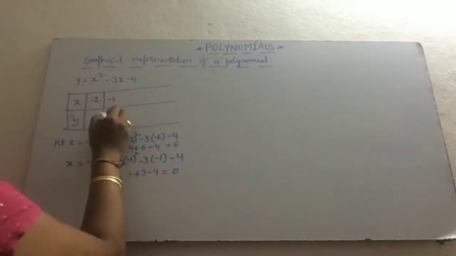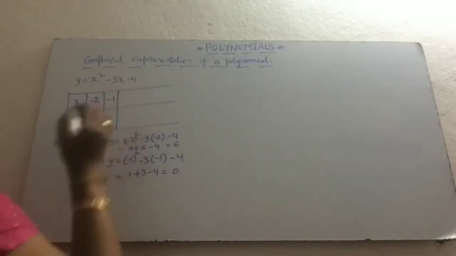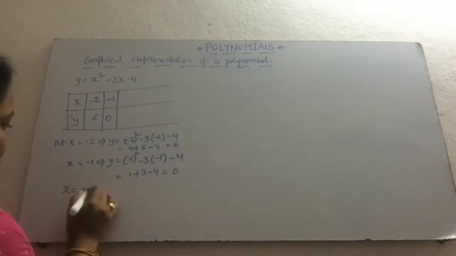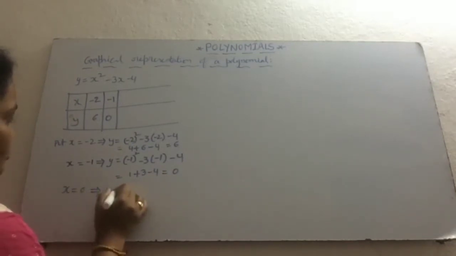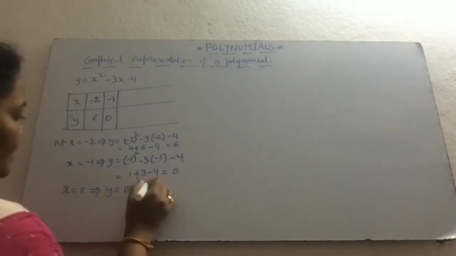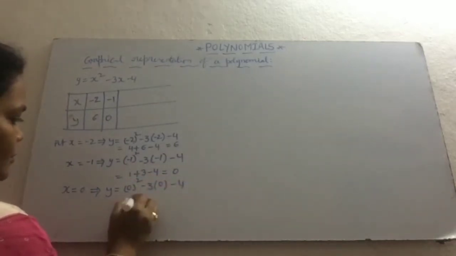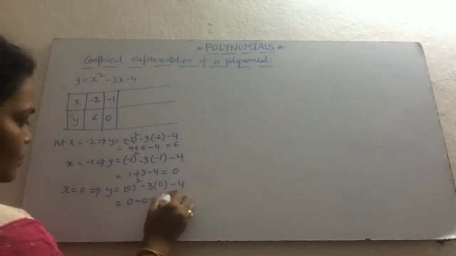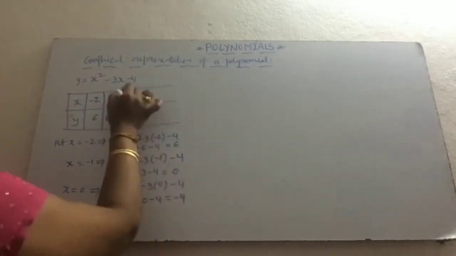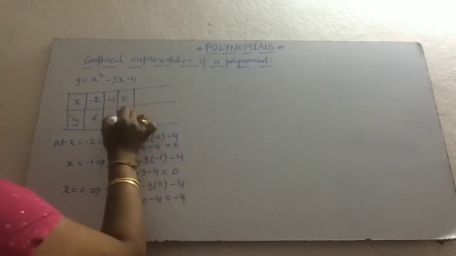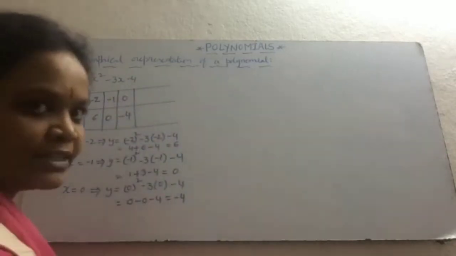So if x equal to -1, the value of y is 0. And next x equal to 0 I will take, then y equal to 0 whole square -3 into 0 -4, that equal to 0 minus 0 minus 4, that equal to -4. If I will take x equal to 0, then the value of y equal to -4.